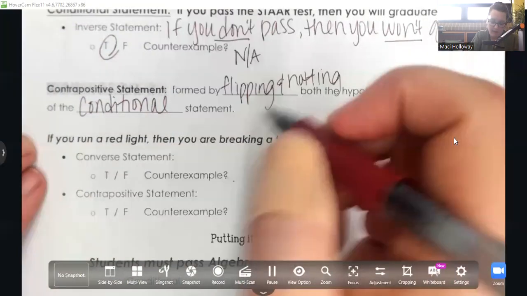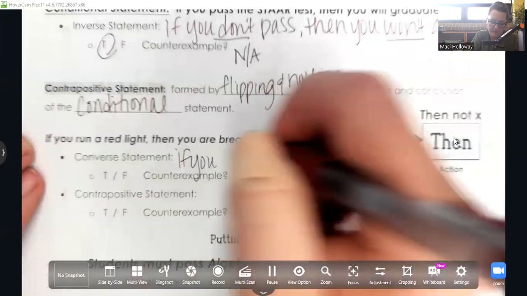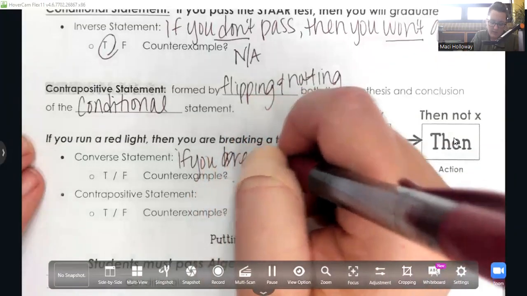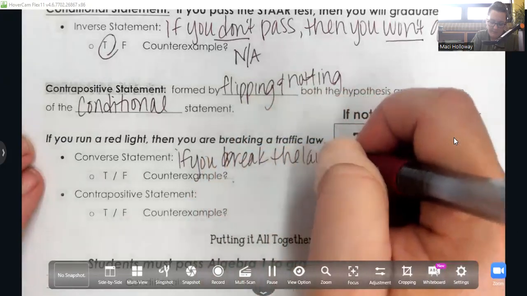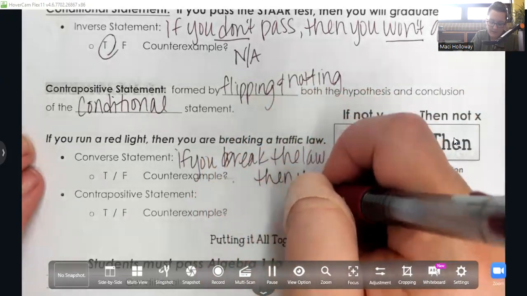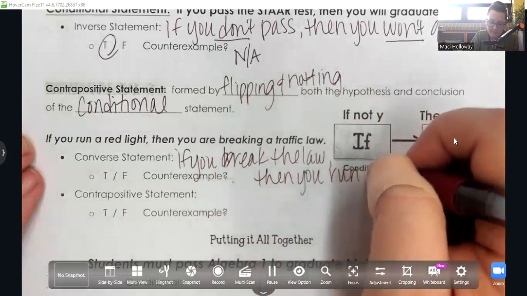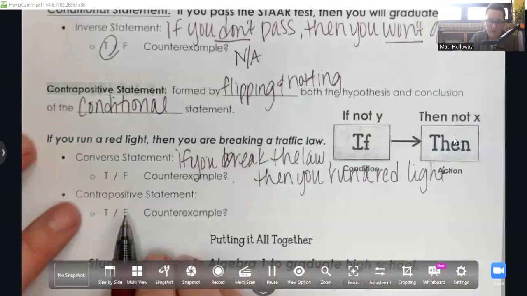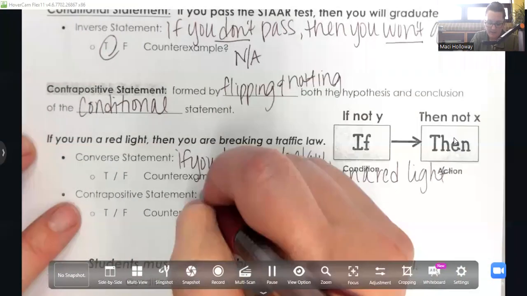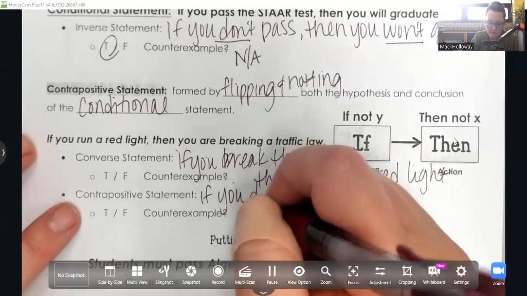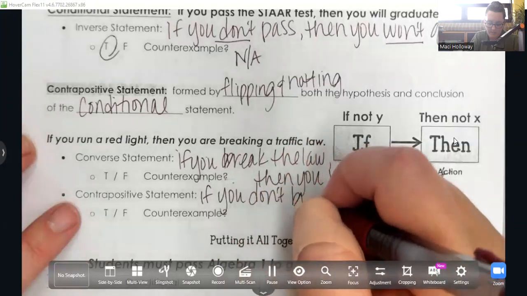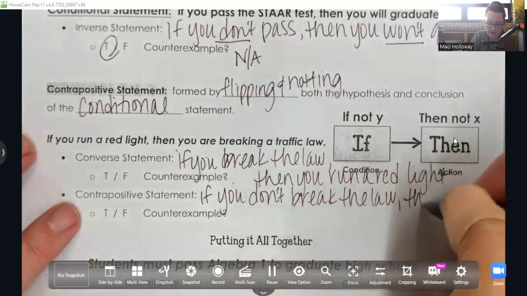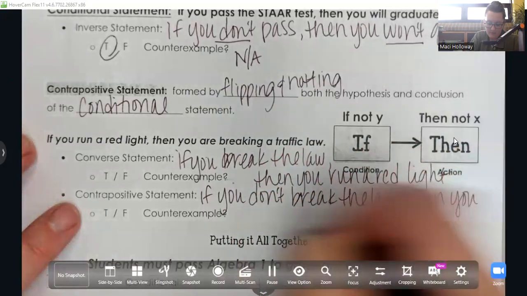Converse is flipping. If you break the law, then you run a red light. And your contrapositive of that is if you don't break the law, then you don't run a red light.